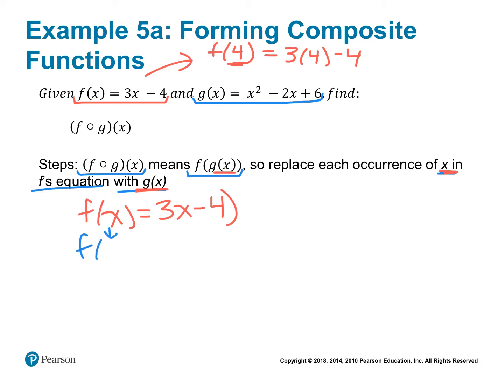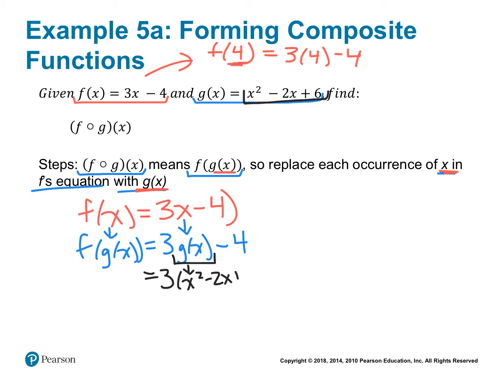So I'm going to put g of x here, and I'm going to put g of x here. Then bring everything else down. Specifically for g of x, I already know what that is. It's up here. I have x squared minus 2x plus 6. So this is going to equal 3 times x squared minus 2x plus 6, then I have that minus 4 on the outside.